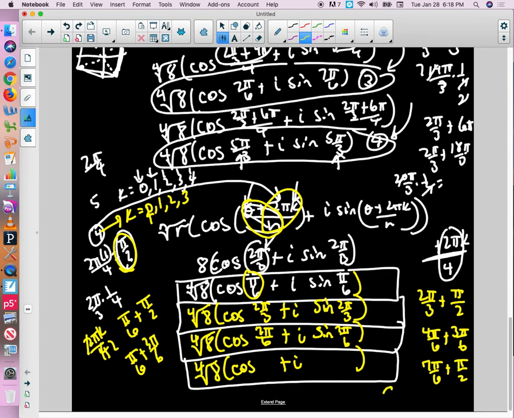And I have 7 pi over 6 plus 3 pi over 6 is 10 pi over 6, which is 5 pi over 3. So that would be sine of 5 pi over 3.